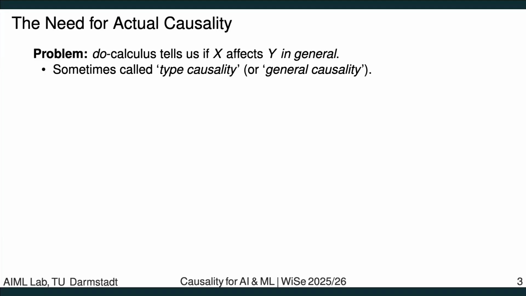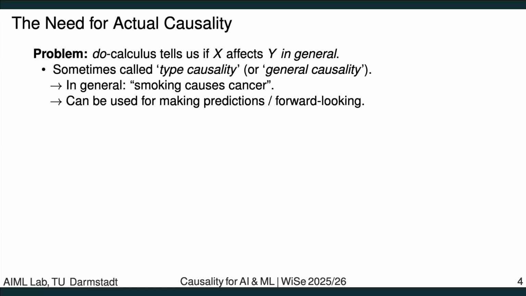But what we have there is usually a causal graph and some sort of distribution that we assume over it. And so we talk about the general setting. In general, like smoking causes cancer, birds can fly, whatever.